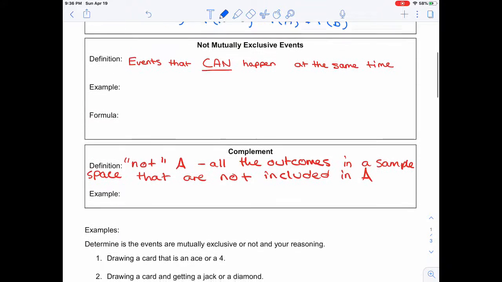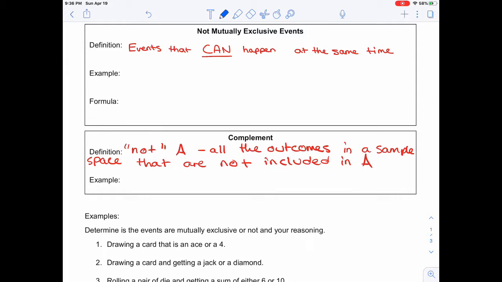So for not mutually exclusive events, an example of this could be, let's say, adopting a cat or a mammal. Or is with your mutually exclusive. So, a cat or a mammal. Clearly, a cat is a mammal, so this can happen at the exact same time, okay?